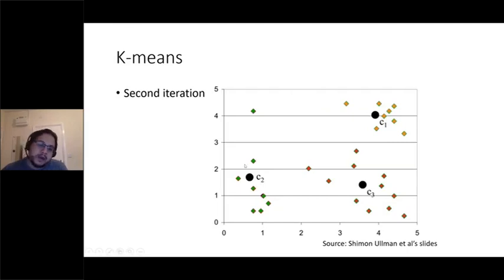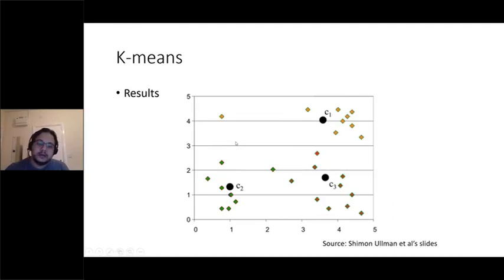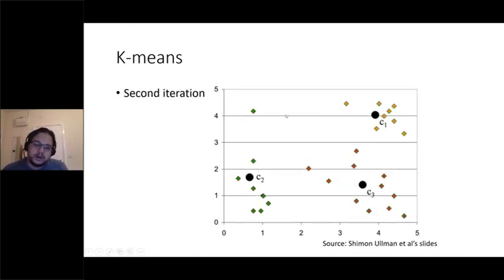This one might now belong to this cluster instead, because this centroid moved here. This one might belong to this one now, and maybe this point, I don't know, might belong here. So we can end up with something like this. And we repeat this until the points don't change their clusters.